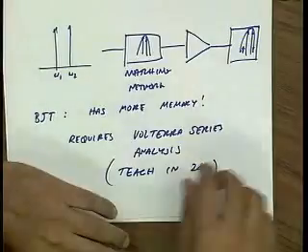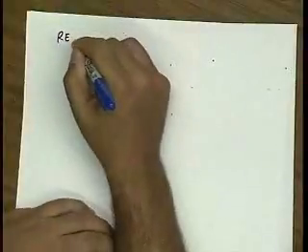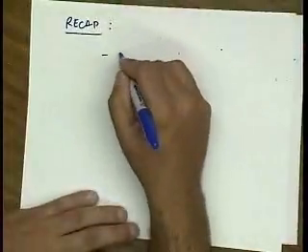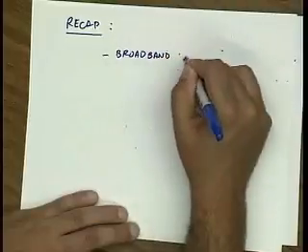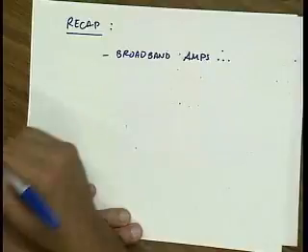Okay, we still have some time, so I can just ramble on for a while. So let me just do a recap of what we've learned up to now. So we started out looking at basically broadband amplifiers. So this was really an extension of what we learned in 140.